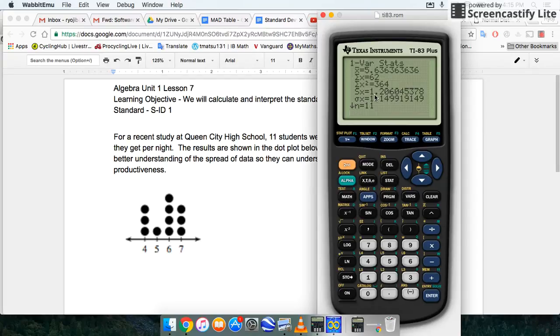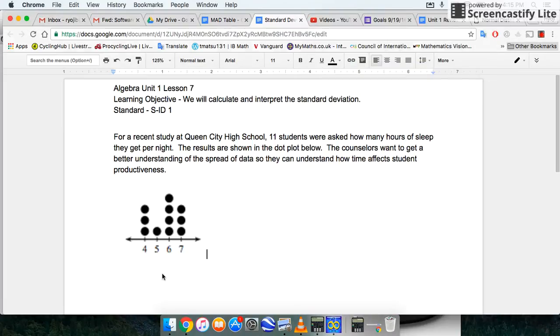Going in the negative direction, we're going to subtract 1.20 from that. So our mean is 5.6363 and standard deviation is 1.20.